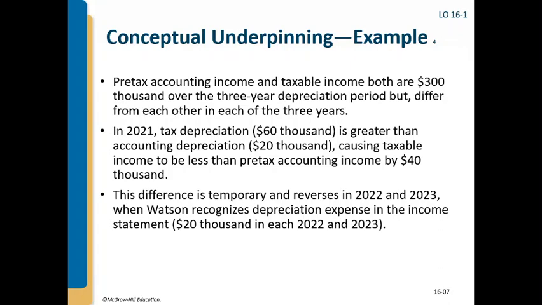So you've got the tax depreciation in 2021 being greater than what they took for accounting purposes on a straight line basis in year 1 by $40,000. And this $40,000 difference in year 1 catches up in years 2 and 3. And by the end of it, the $40,000 is reversed.